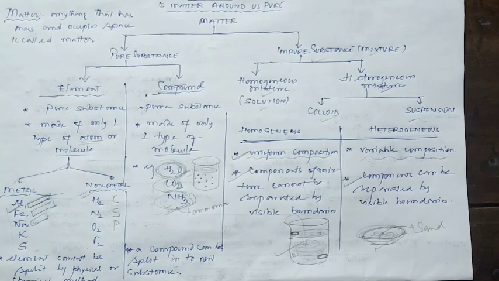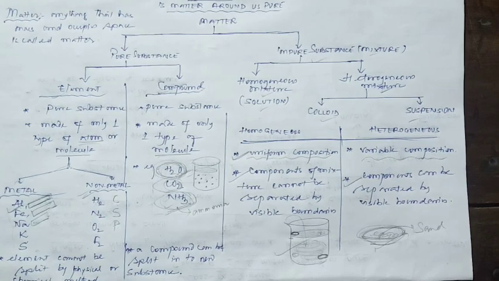That's what I mean by cannot be separated by visible boundaries. We cannot see the boundaries distinguishing sugar particles and water particles. That's the nature of a homogeneous mixture. But in this case, where you have thrown chalk powder into sand, you can easily see the boundaries separating the chalk particles and the sand.